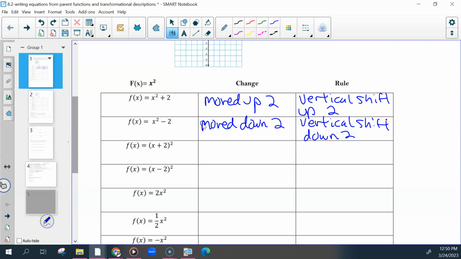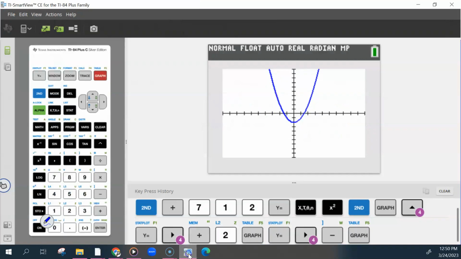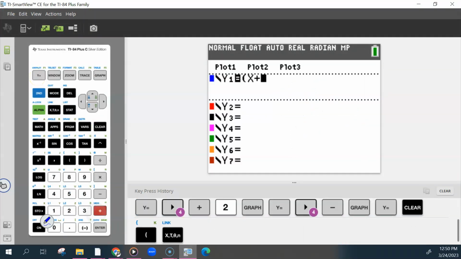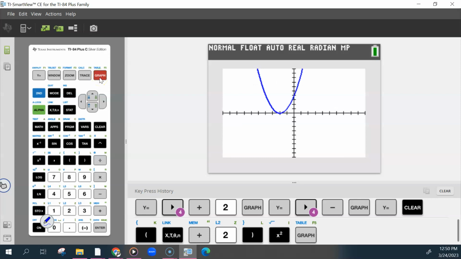Then we can put this next one into the calculator and see what happens then. So compared to the original, what did this one do?